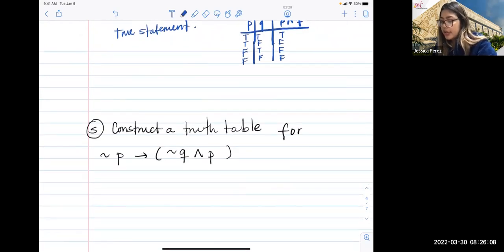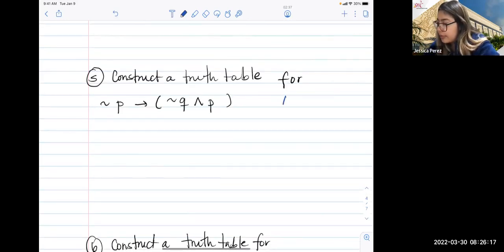So now construct a truth table for this implication. So this one's going to be kind of long. Right now we only have two variables, P and Q. What do we know about the two variables? Well, we know that there's going to be 4 rows, right? Because that's 2 squared, which is 4.